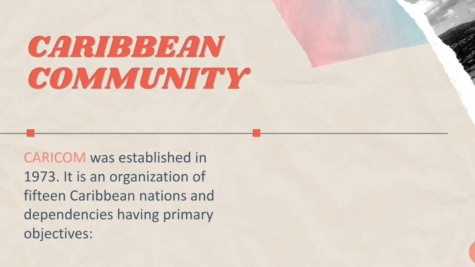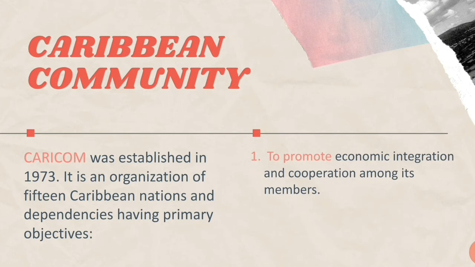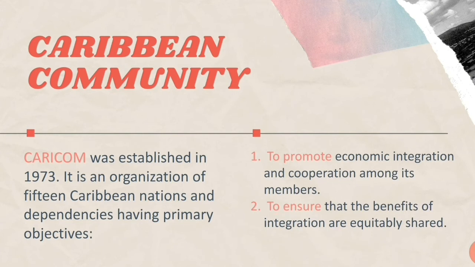It is an organization of 15 Caribbean nations and dependencies having primary objectives. First, to promote economic integration and cooperation among its members. Second, to ensure that the benefits of integration are equitably shared. Third, to coordinate foreign policy.